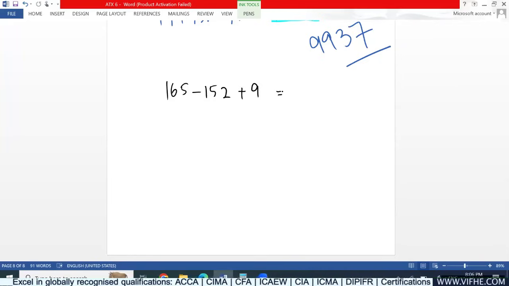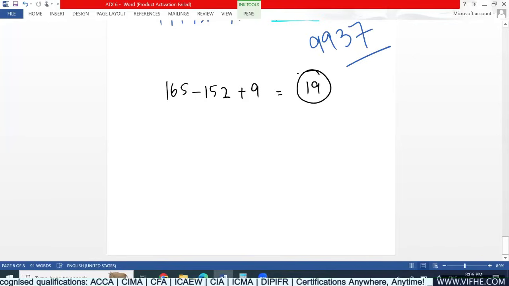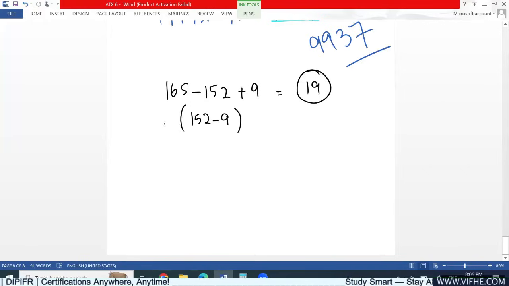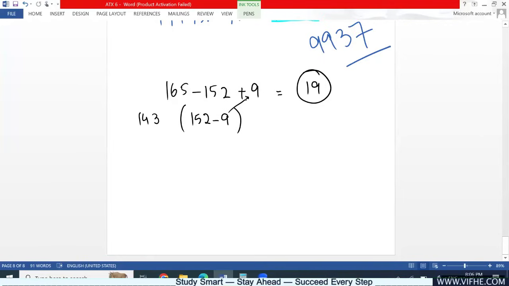So that makes up almost 19 months in which the landlord had thoroughly occupied the property. And what about the rest? 152 minus 9 is 143 months, because 9 months we have taken completely as a part of our period of occupation.